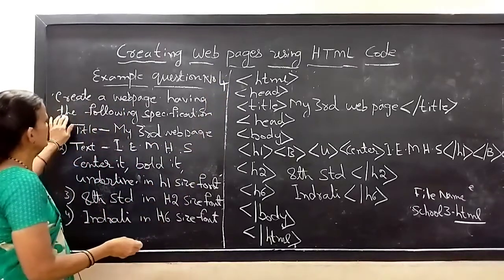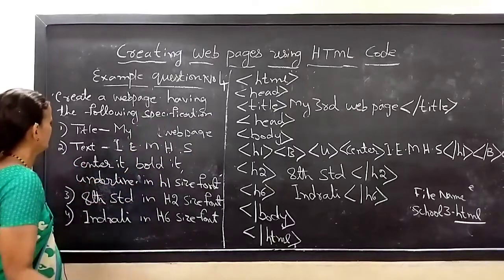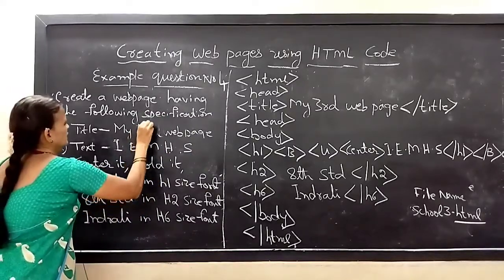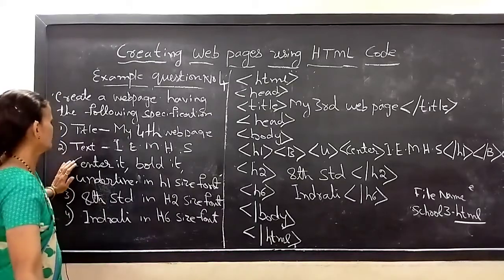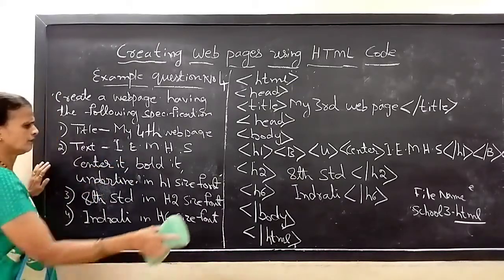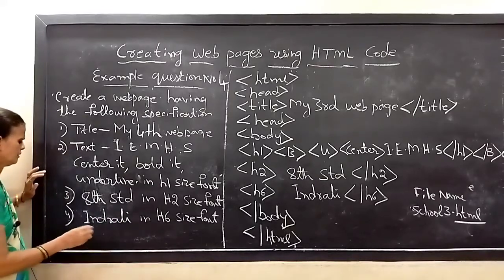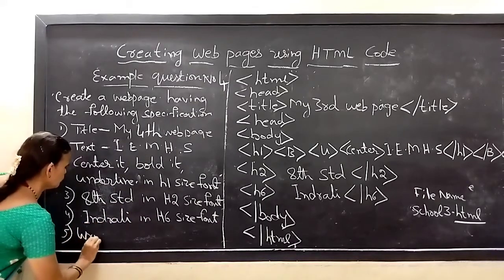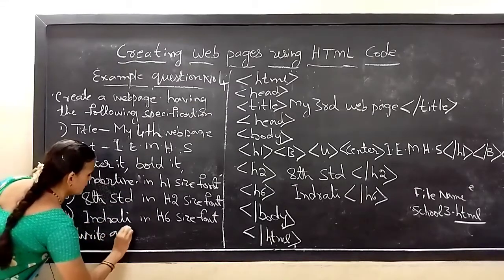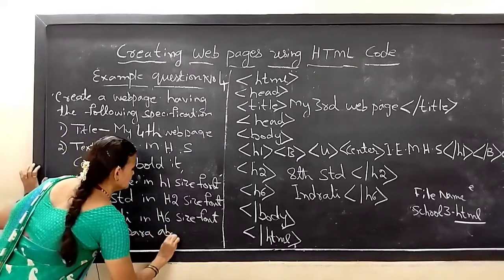Create a web page having the following, and this should be our fourth web page. The text we wrote, IIMHS and everything, let it be as it is. Now we want a paragraph about your school.